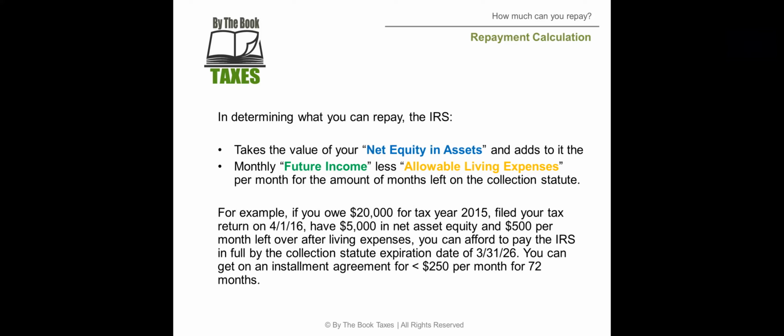If you take the $20,000 divided by 84 months, add some interest and penalties, the taxpayer could pay back that balance by March of 2026 with about $250 or so per month.